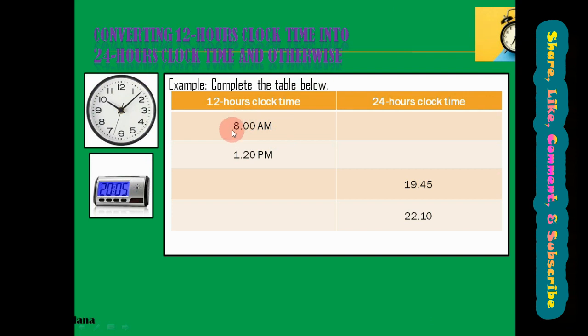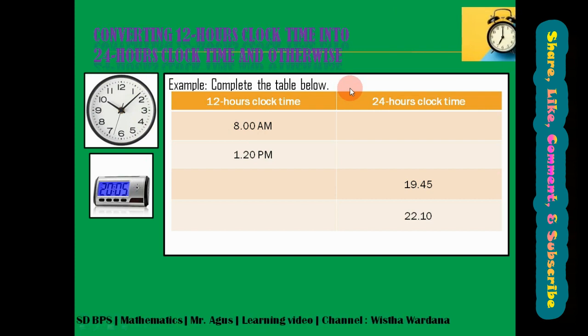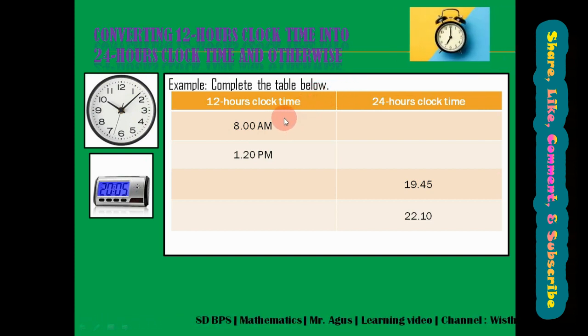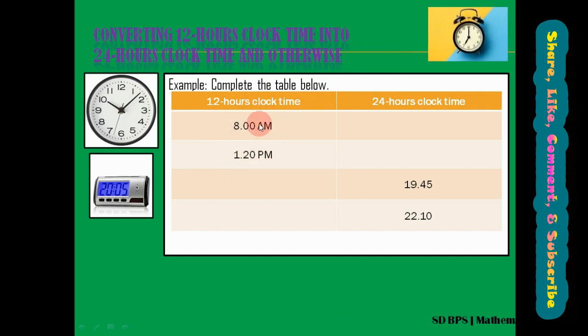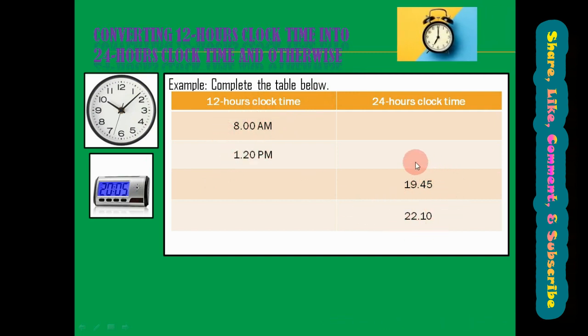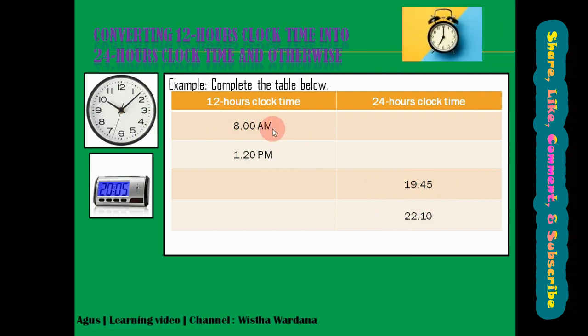Okay, look at this example. The example is to complete the table below. In the first 2 questions, we have the time in 12-hour clock time. Number 3 and number 4, we have time in 24-hour clock time.